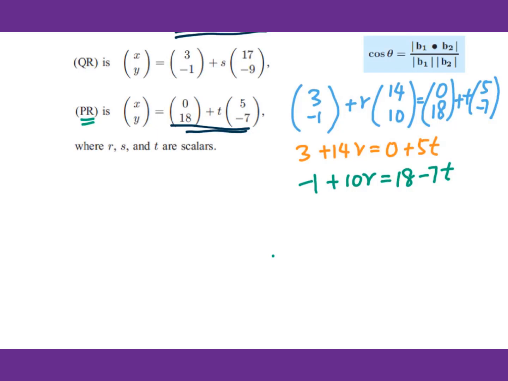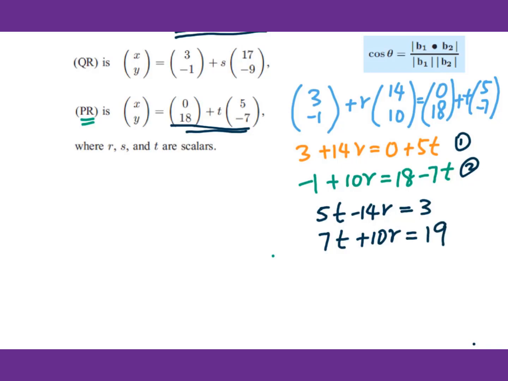We need to solve these two equations, labeled as 1 and 2. Change into standard form first. We will get 5t minus 14r equals 3, and 7t plus 10r equals 19. Multiply this by 7, and this by 5.